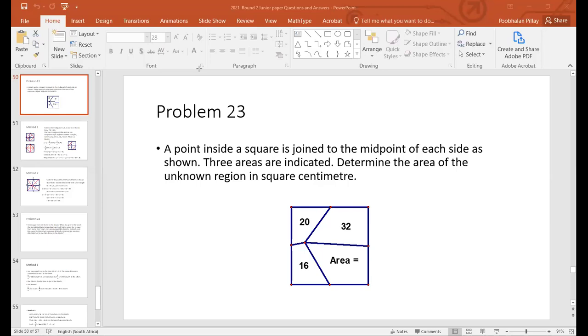And for 3 of those shapes, the areas are given. And the question is, what is the area of the 4th shape?